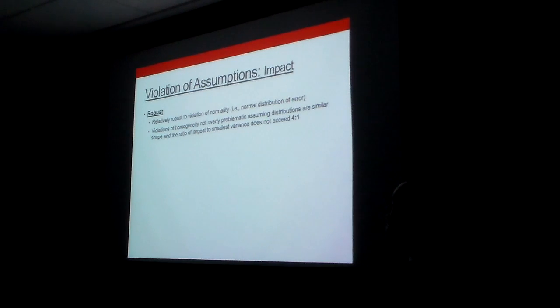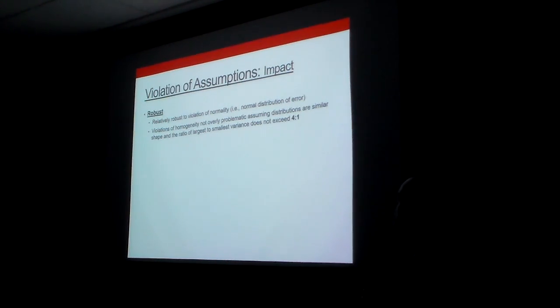So we're pretty robust to violations of normality, assuming reasonable sample sizes, cell sizes, and violations of homogeneity of variance are not terribly problematic. Thinking about this discussion with t-tests, if our distributions are similar in shape and the ratio of the largest to smallest variance doesn't exceed about 4 to 1, okay?